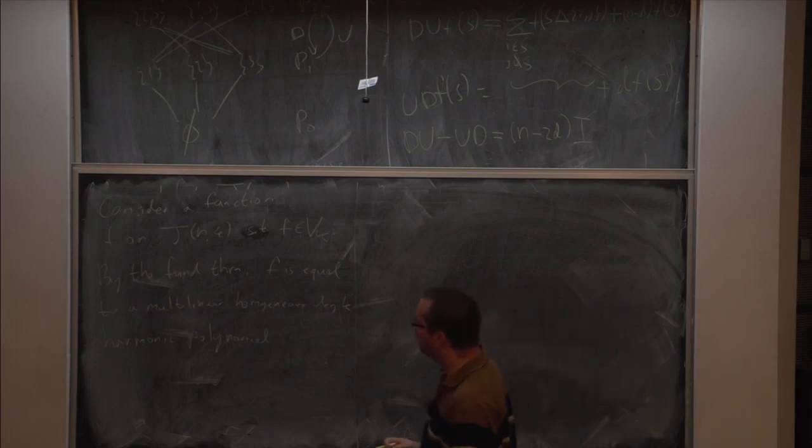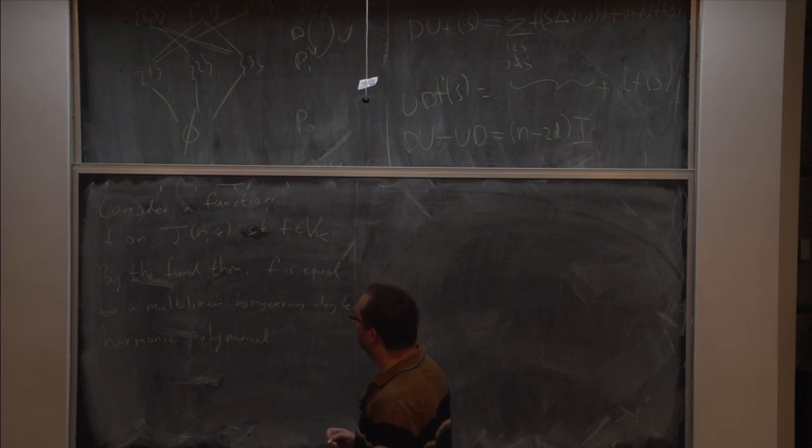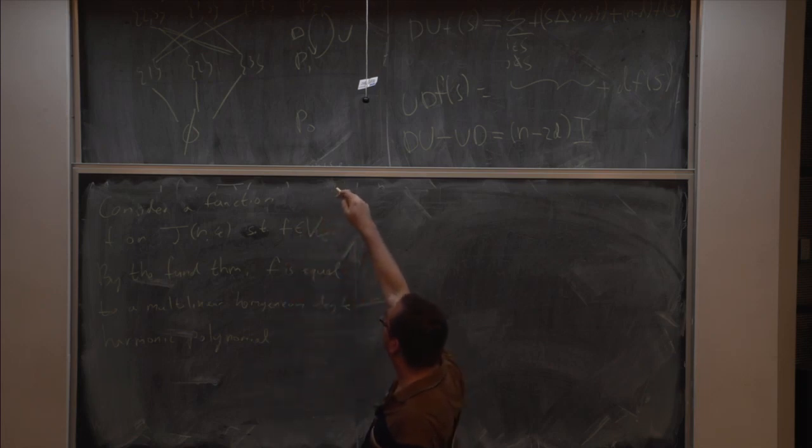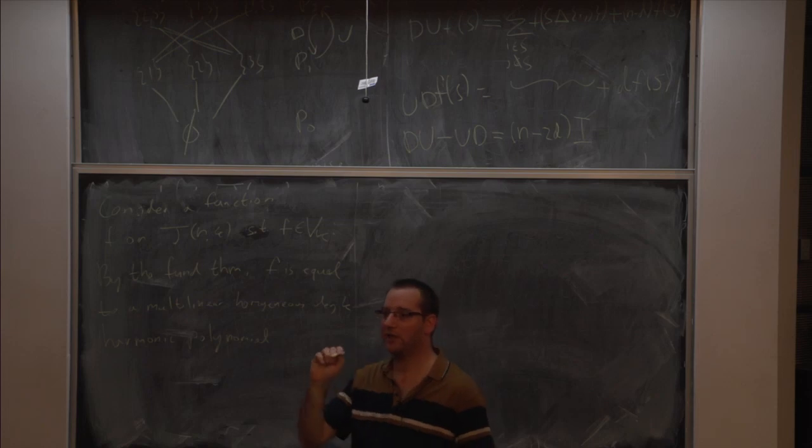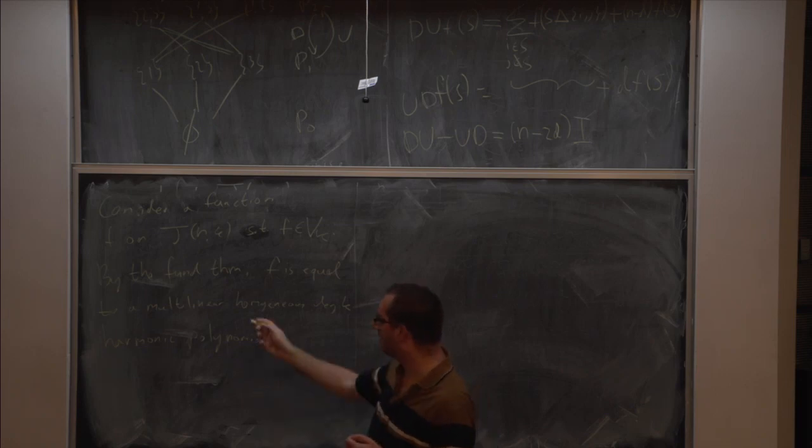Okay. And now what we can do is we can look at P_k and write on each of the sets the value of the function f. And this is also the same as this polynomial.